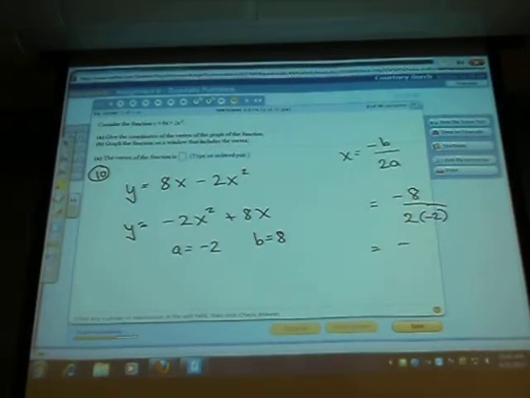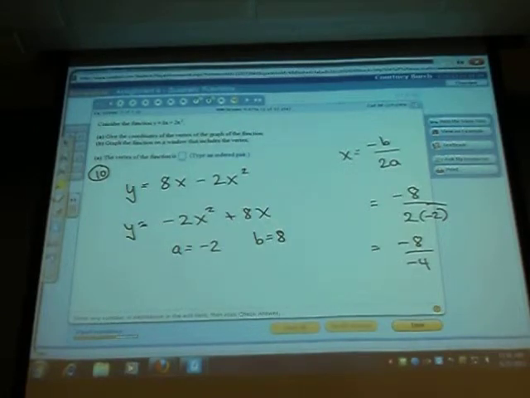So I have negative 8 over 2 times negative 2, which is negative 4. Negative divided by negative is positive 2. So that's my x-coordinate on my vertex. So I'm going to go ahead and start writing my vertex as an ordered pair. I know x is 2. So now I just have to find y.